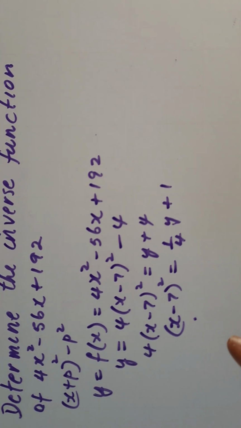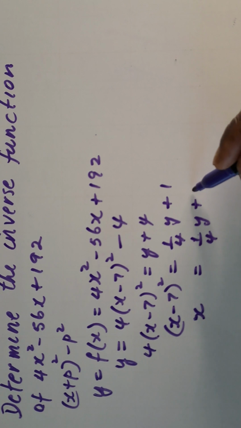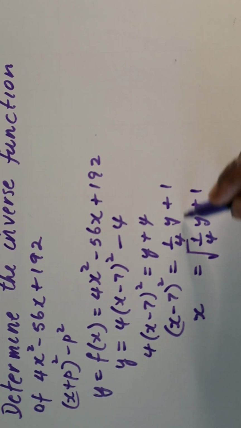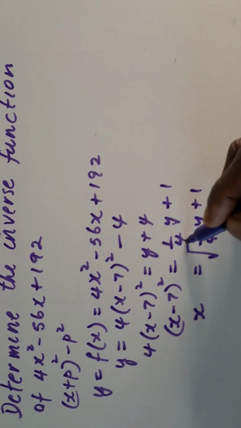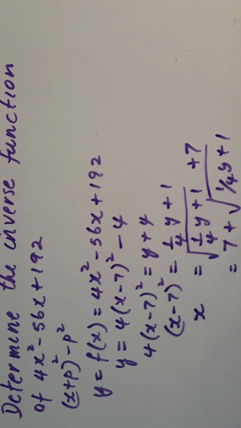So first we take the square root of both sides, and then we add 7 to both sides, and this is the result. And we can write this neatly as 7 added to the square root of a quarter y add 1.